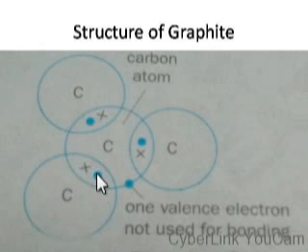As shown here, this electron was donated by this carbon atom, so the two are shared between them. At the end of the day, we have 1 electron that is not used in bonding, which is called the delocalized electron, and that is used in conducting electricity.